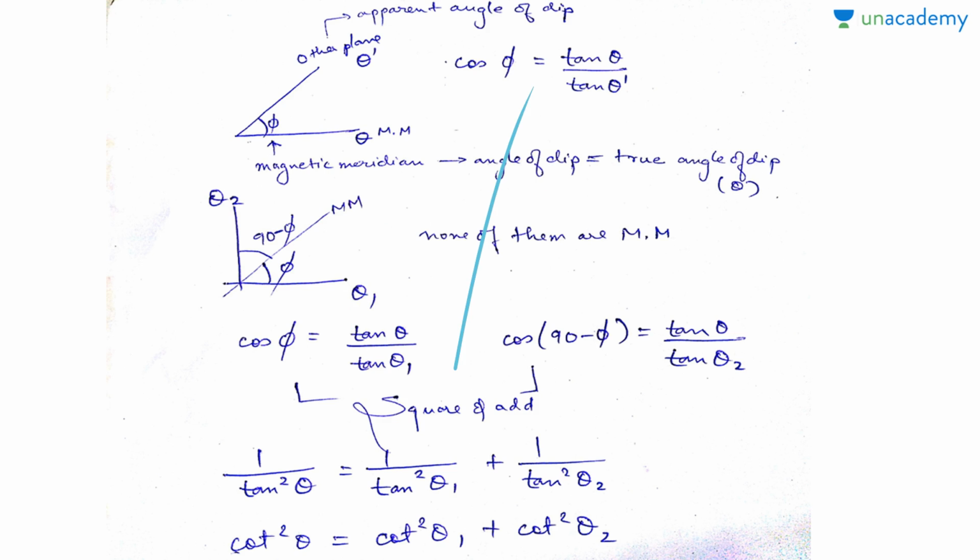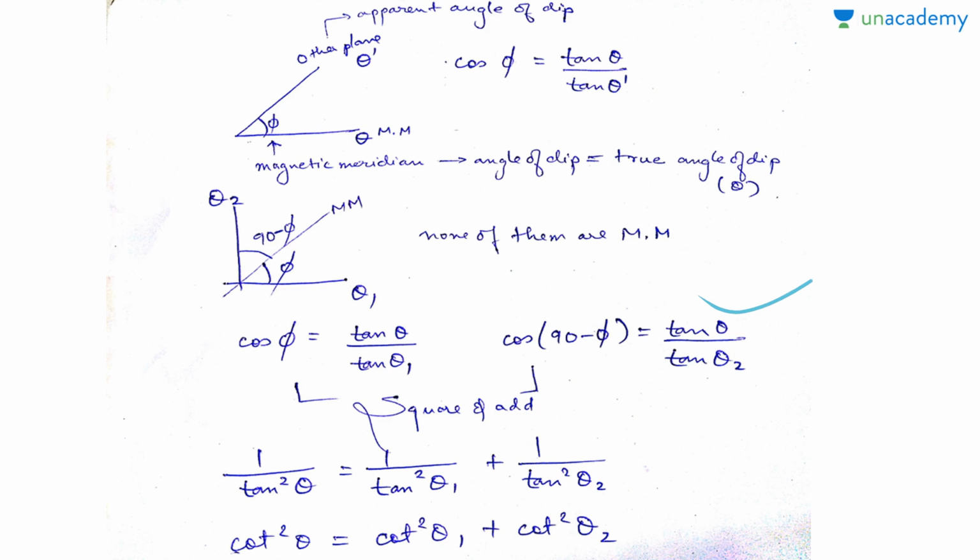Now we apply the formula. For this plane, cos phi becomes tan theta upon tan theta 1, where theta is the true angle of dip. For the other plane it becomes cos of 90 minus phi equals tan theta upon tan theta 2.